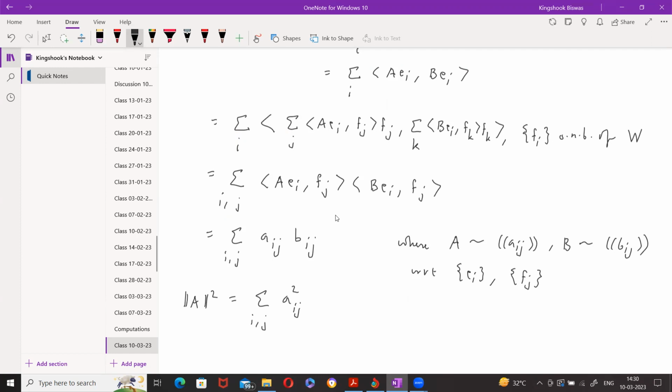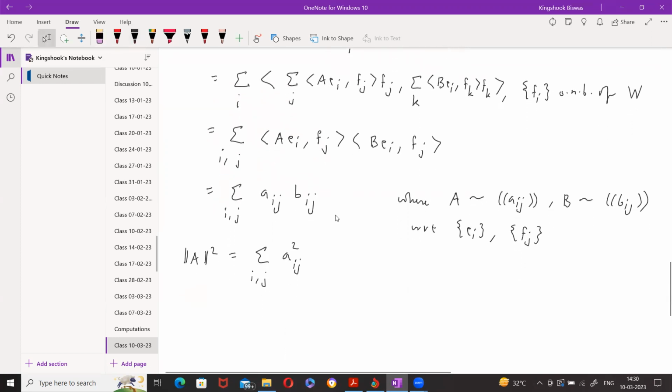So now we can come back and define, therefore, the norm of df squared as the trace of df_p star df_p.